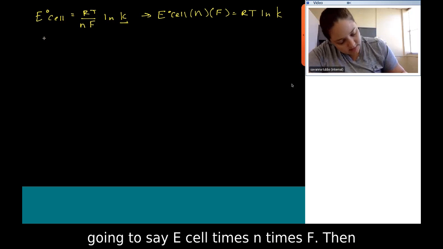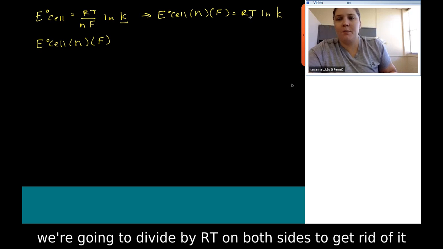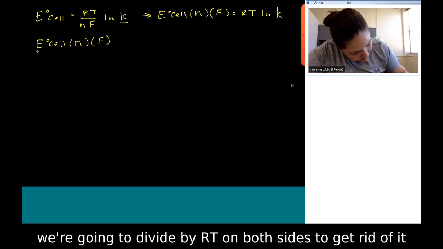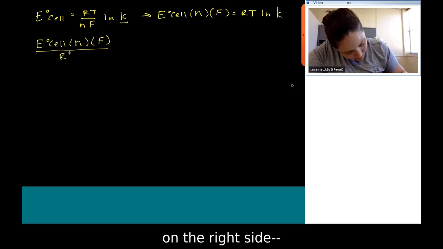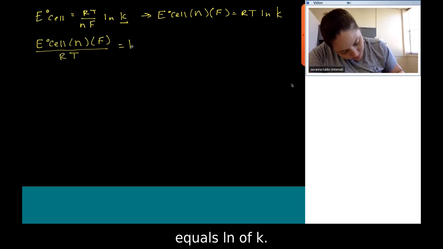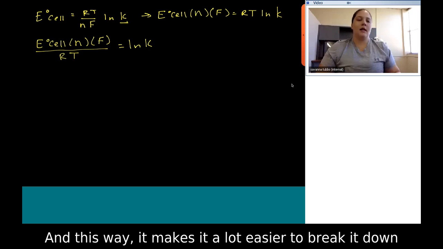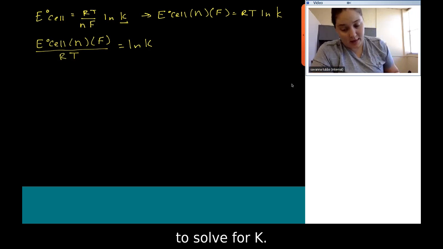So we're going to say E cell times N times F, and we're going to divide by RT on both sides to get rid of it on the right side, equals ln of K. And this way it makes it a lot easier to break it down to solve for K.